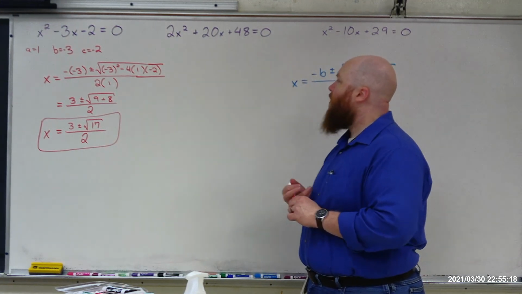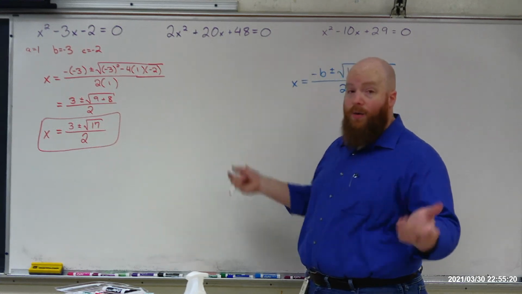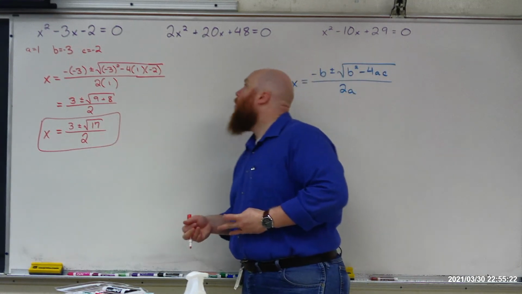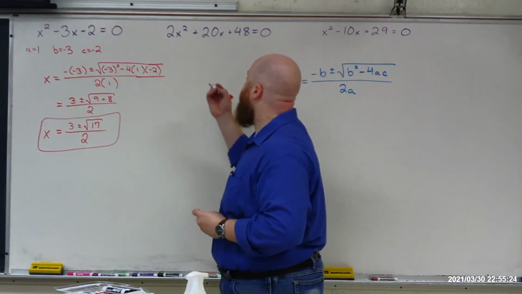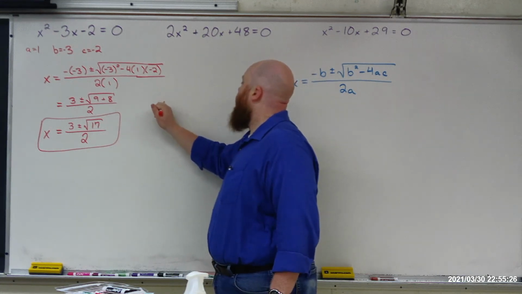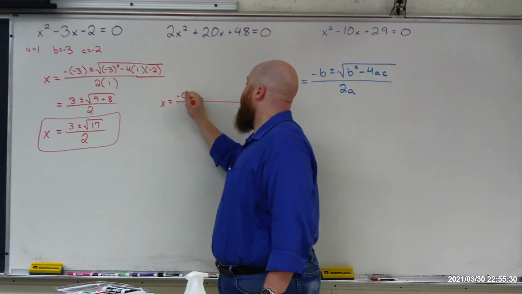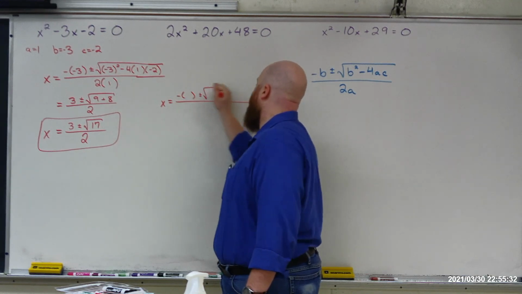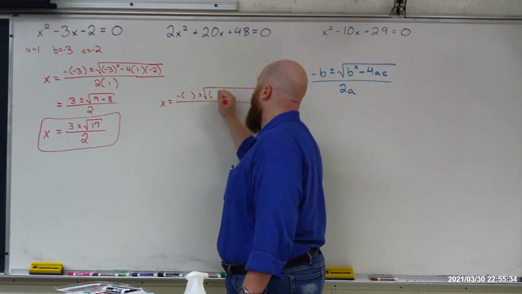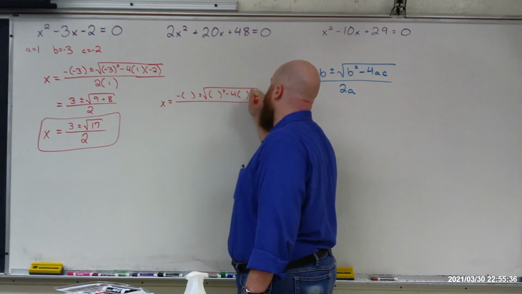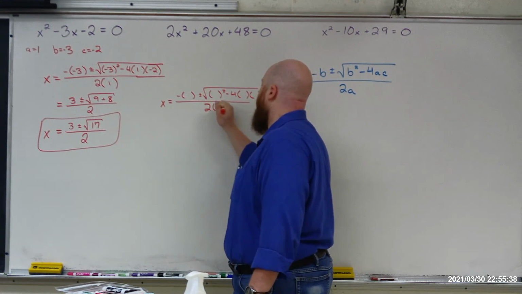What if we try this one in the middle? Again, we already know what the answer is because we looked at the answer when we completed the square with this, but let's solve it using the quadratic formula. We have, once again, x equals -b plus or minus the square root of b squared minus 4ac all over 2a.